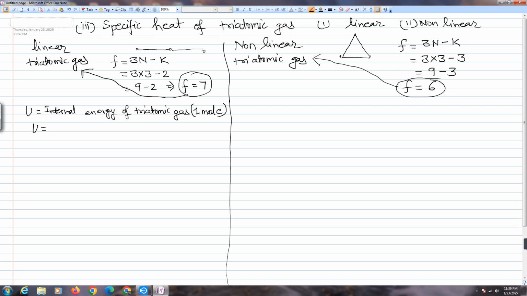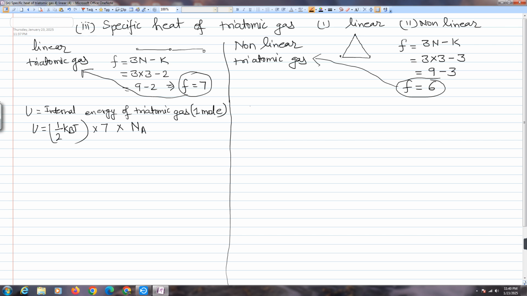So we will take help of the law of equipartition of energy, which gives us the value of U, and U can be written as 1 by 2 kBT. So this is the amount of energy which will be carried by each degree of freedom. As we can see here, in linear triatomic gas degrees of freedom are 7, and Avogadro number is the number of molecules in 1 mole of triatomic gas.